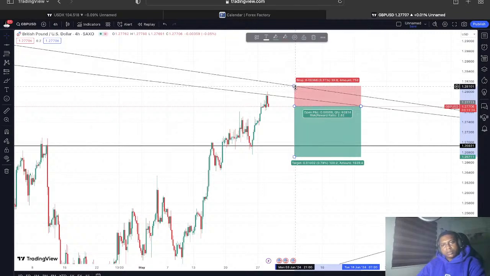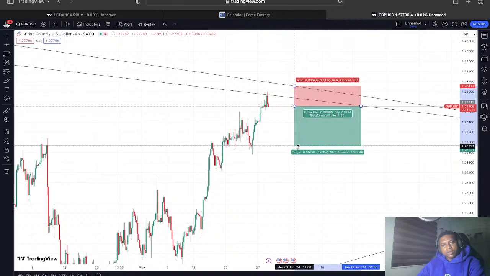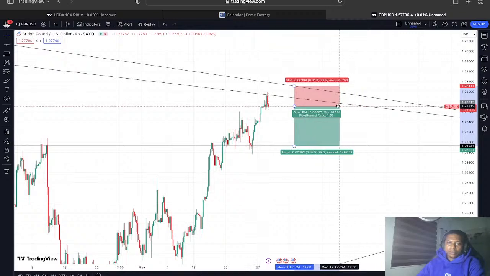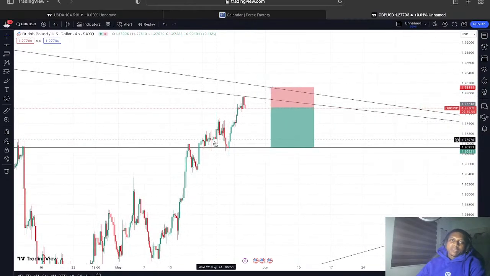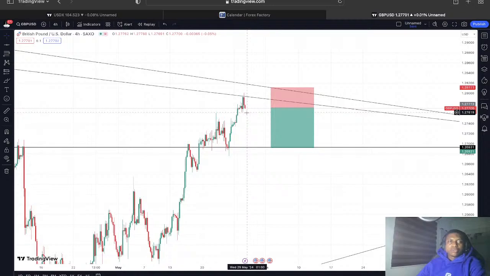Let me put my stop loss here, and my take profit. So yeah, this is my outlook on pounds USD.